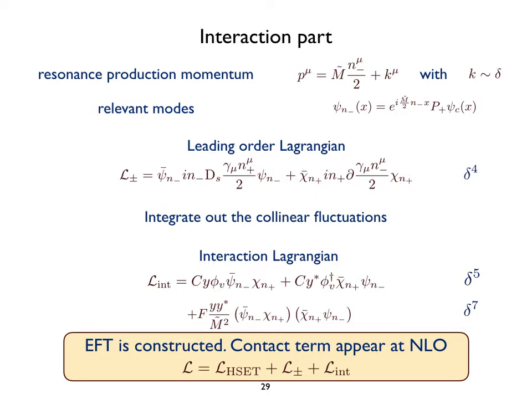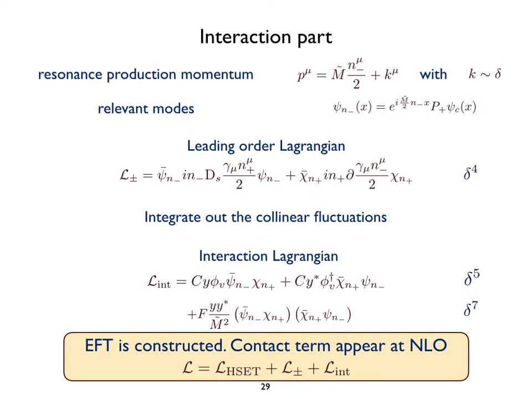The interaction part at the leading order contains terms from the Yukawa coupling of the underlying theory. At leading order, the coefficient C equals 1. At next to leading order, we should account for the second term in the expansion of this coefficient. The NLO Lagrangian also contains an effective four-fermion operator, which describes the production through the resonance far from its mass shell, for example, when radiation of the energetic gauge field by an electron happens.